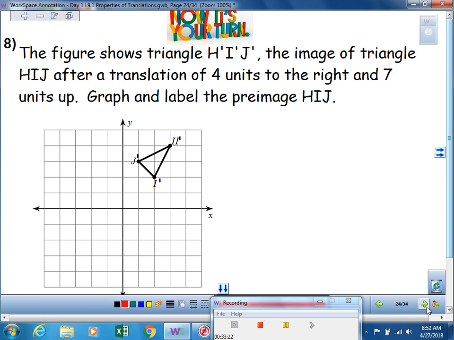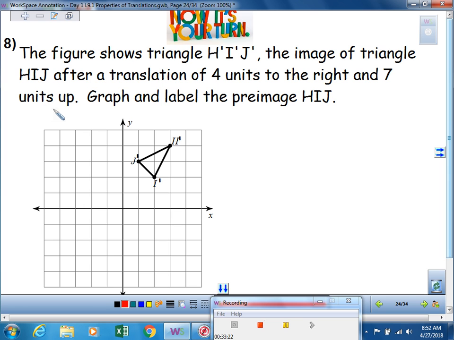Okay, let's go to this one real quick. So on the back, if we have time, we'll go back to the other one. Okay, so this figure shows your image after we translated it, 4 units right and 7 units up.